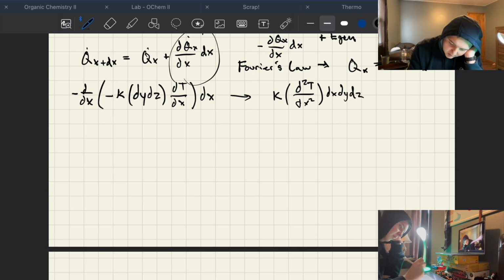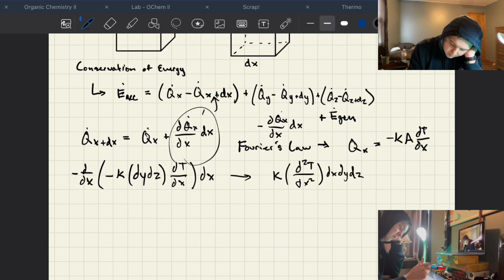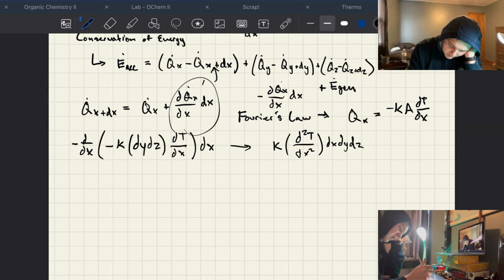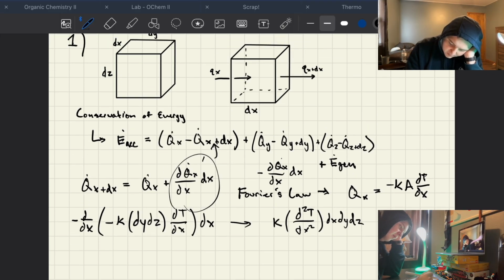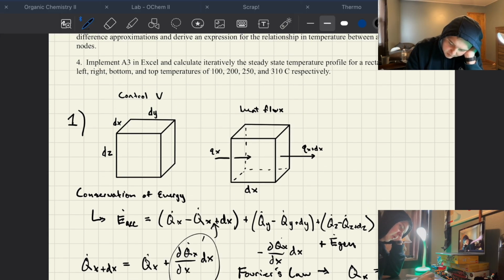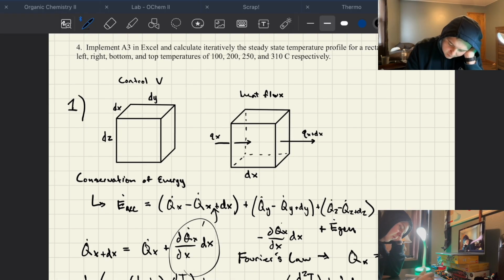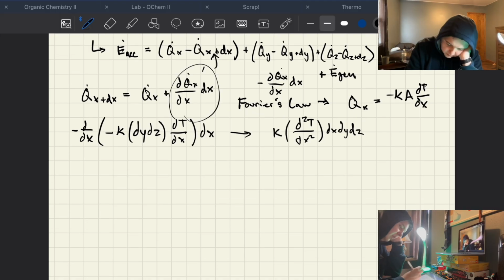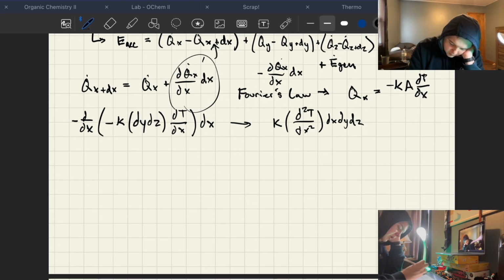I'm just reminding myself quickly. Okay. So we're going to have rho c, and then we're going to have that value that we just found.